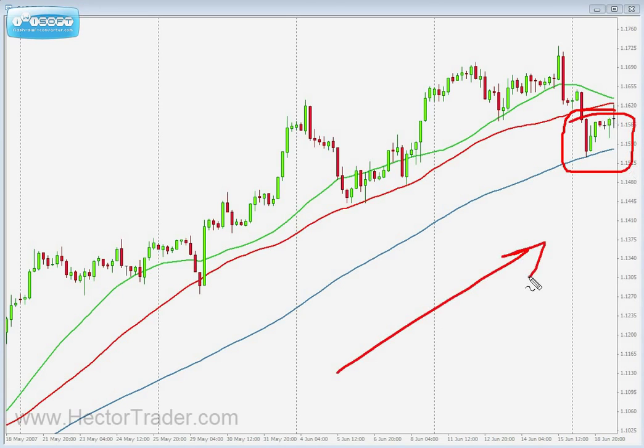In this uptrend, price is not spending most of the time on the right end of the 50 simple moving average. Remember when I said 1-2 bars below is okay, but now we've had 1, 2, 3, 4, 5, 6, 7 bars. That's definitely price not spending time at the right end of the 50 anymore.